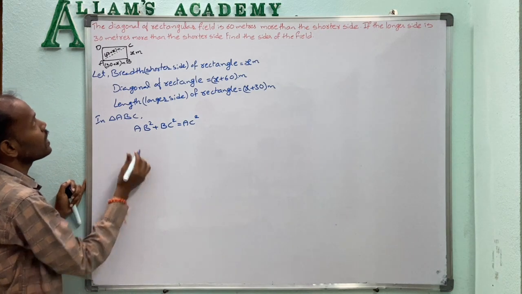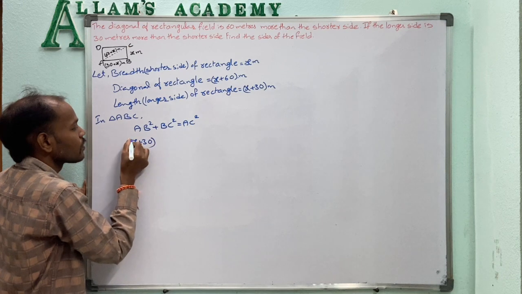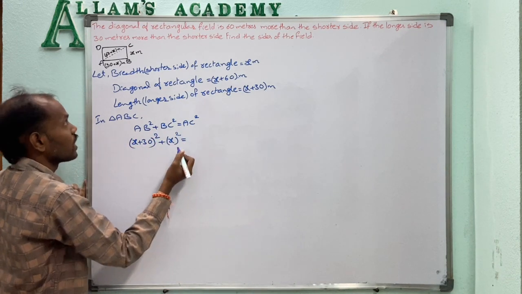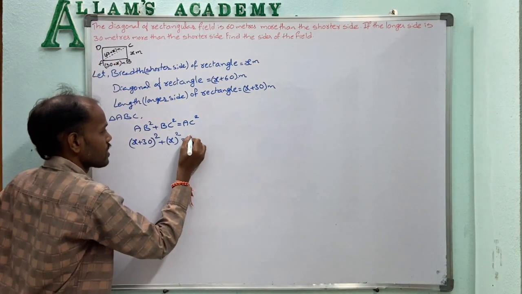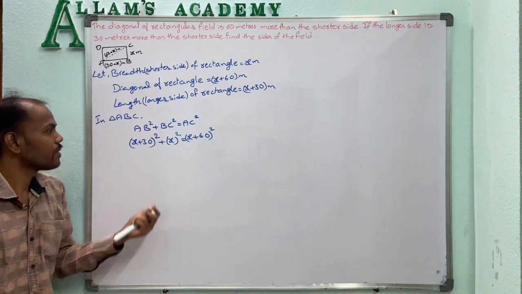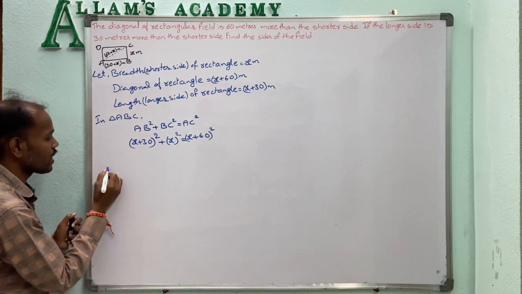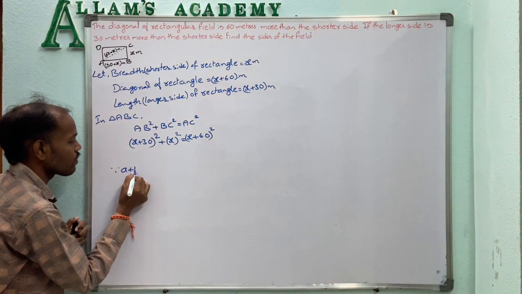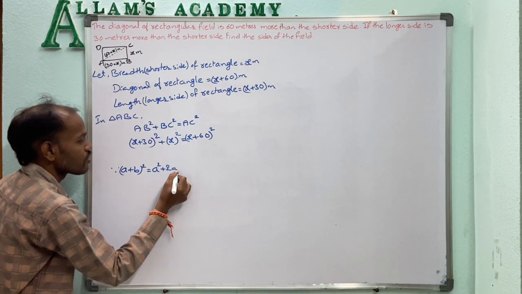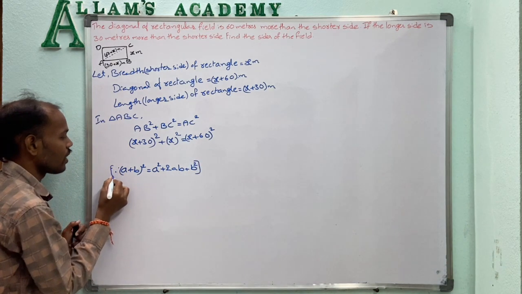Here AB is x plus 30, BC is x, so x whole square equals AC, that is x plus 60 whole square. Now x plus 30 and x plus 60 are in the form of a plus b whole square. So a plus b whole square equals a square plus 2ab plus b square. In x plus 30, a equals x and b equals 30.